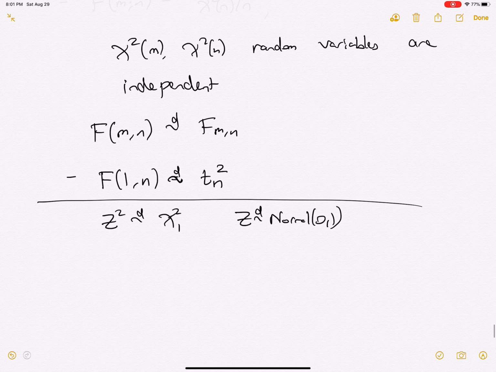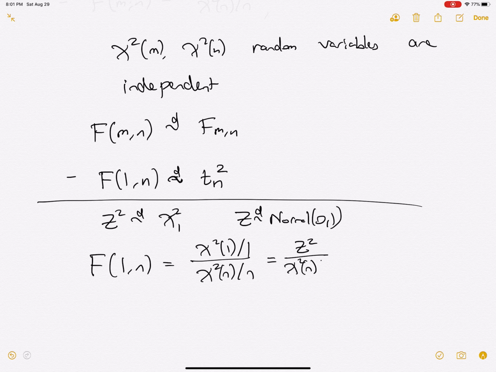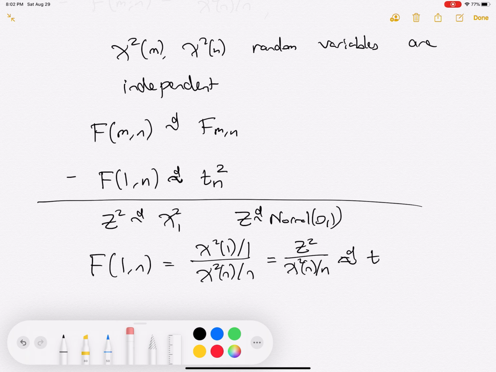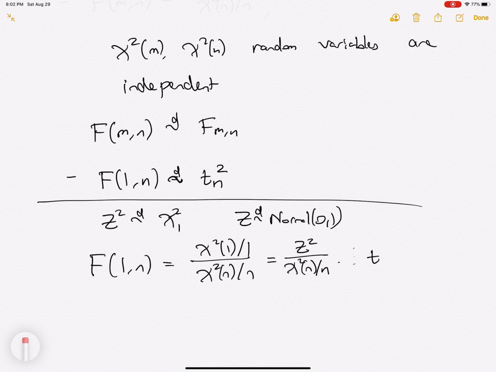So we can see that this is going to be a t squared n distribution.